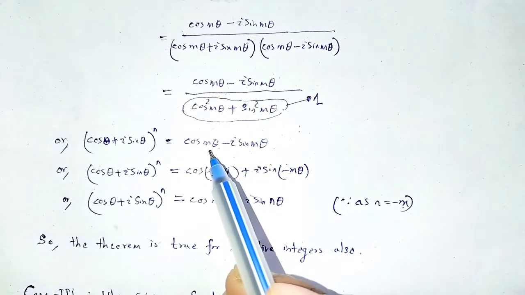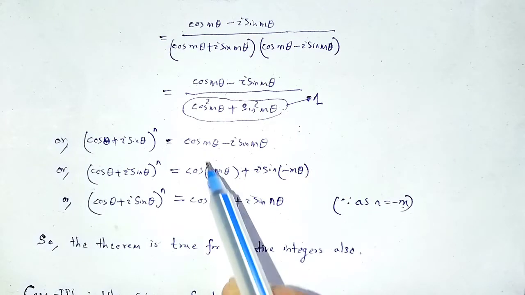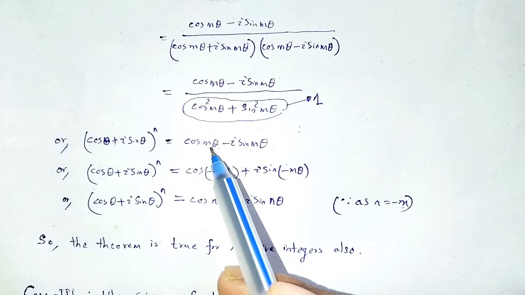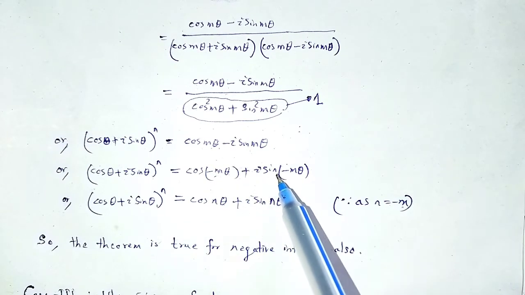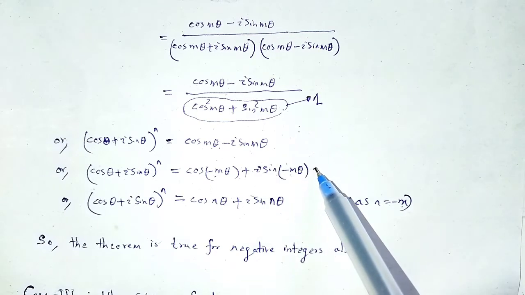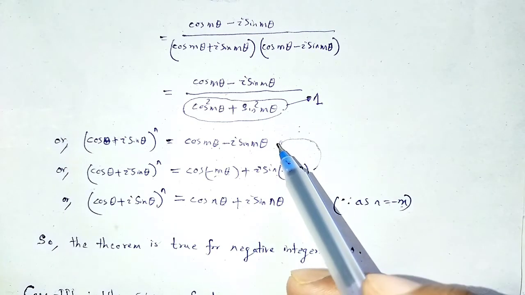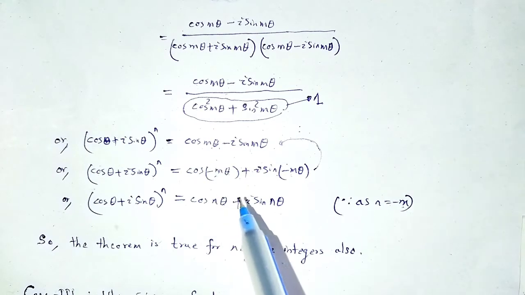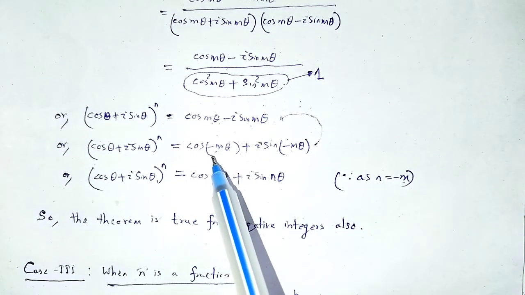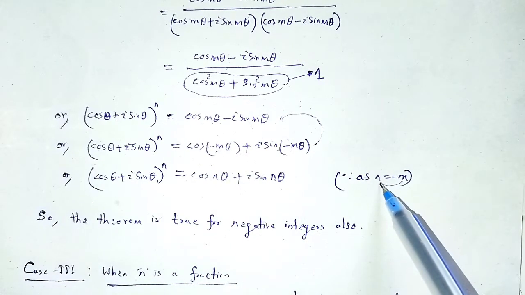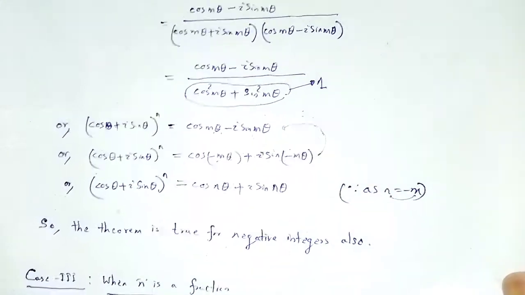Now we just introduce the negative here, as cos of minus m theta is equal to cos m theta, and sin of minus m theta is equal to minus sin m theta. So minus minus is plus, that transfers to this equation. So we can write the negative angle introduced here. Now minus m is replaced by n, as we prefer n is equal to minus m.